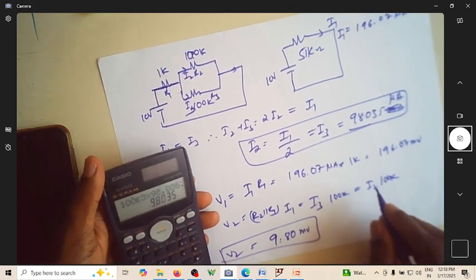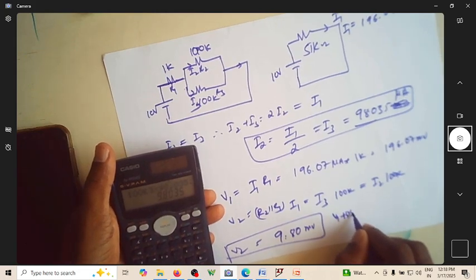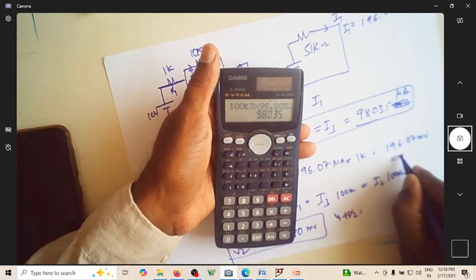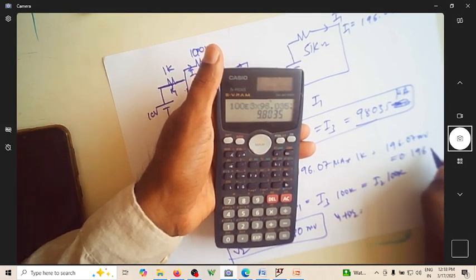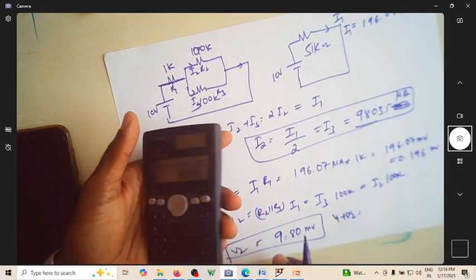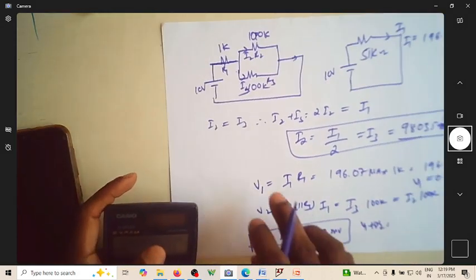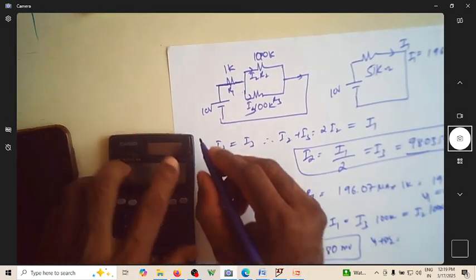How much is V1 plus V2? So V1 plus V2 happens to be 0.196 millivolt. So V1 plus V2 is equal to the applied voltage. Let's say this is Vn.